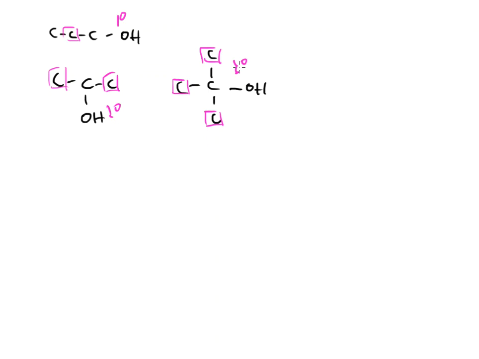So there's differences between the alcohols that we'll see in these reaction schemes. And if we take a look at the rate or the speed at which these reactions happen, primaries are going to be the slowest. Secondaries are going to be in the middle, and tertiaries are going to be the fastest.